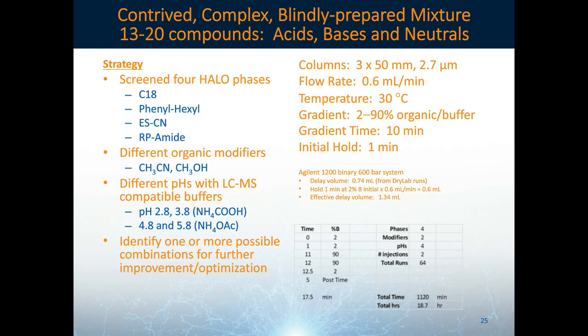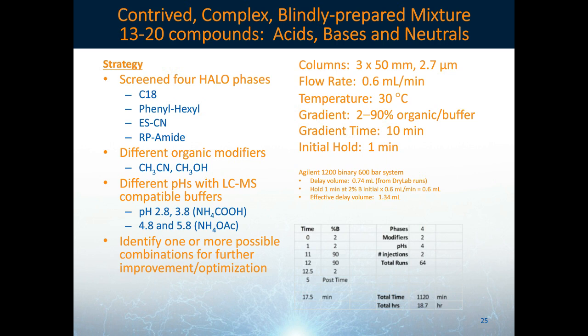So in this case, what we did was we took a contrived, complex, blindly prepared mixture of 13 to 20 compounds, and they were a mix of acids, bases, and neutrals. So the strategy was to screen 4 different Halo phases, and we used C18, phenylhexyl, cyano, and RP-Amide.